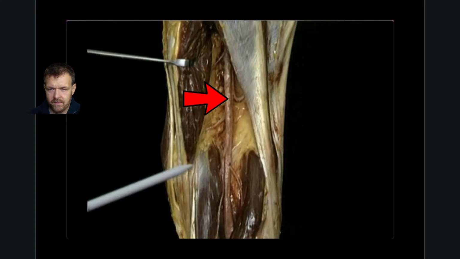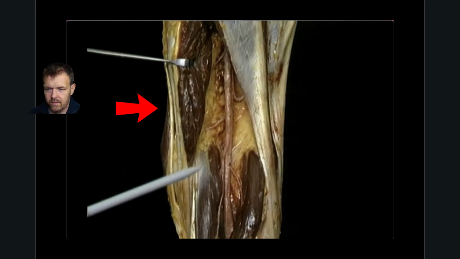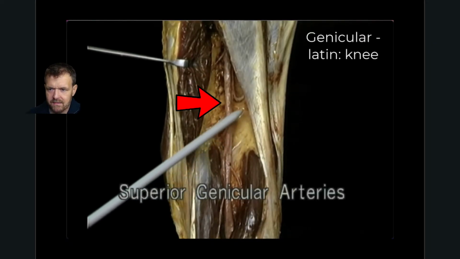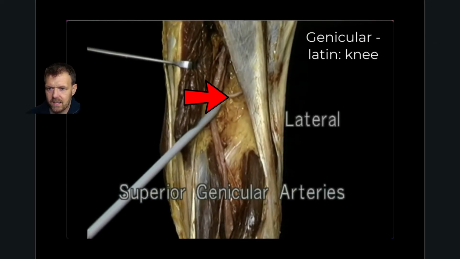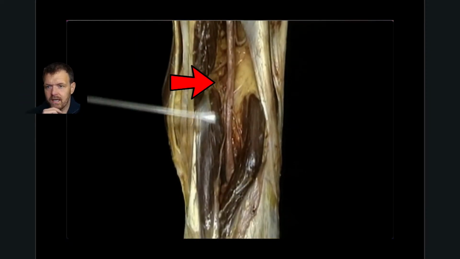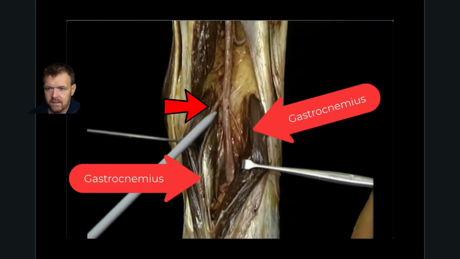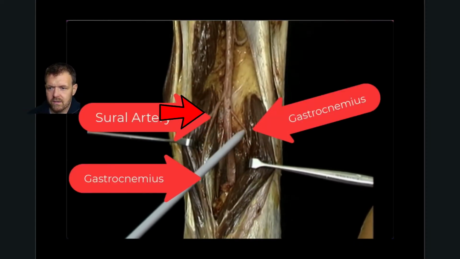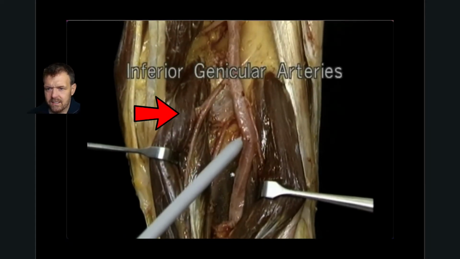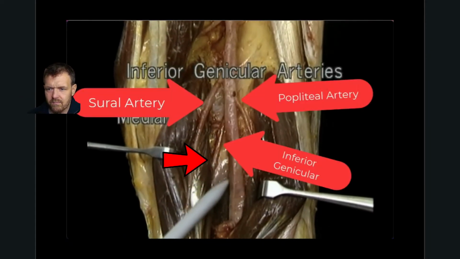Okay, so this looks like the artery because it's got branches coming off of it. Have a look at that. All the yellow stuff again is the fat tissue, and then these are the genicular arteries that we saw on that picture. Yeah, and they will go round to the front. So there's the sural artery supplies the gastroc heads, and then these are the genicular arteries. Look, you can see them like poking through.